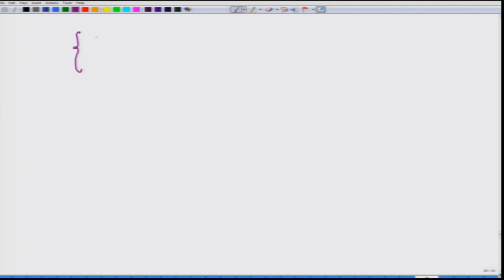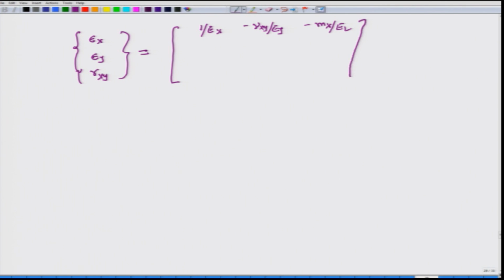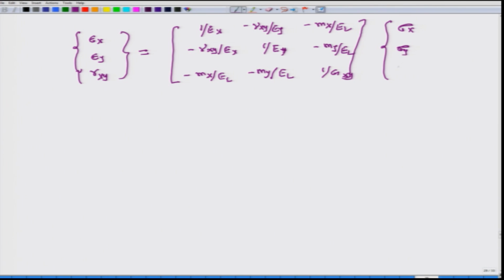So, those relationships are given here: epsilon x, epsilon y, gamma xy equals the matrix with 1 over E x, minus nu xy over E y, minus m x over E L; minus nu xy over E x, 1 over E y, minus m y over E L; minus m x over E L, minus m y over E L, and 1 over G xy; times sigma x, sigma y, tau xy.